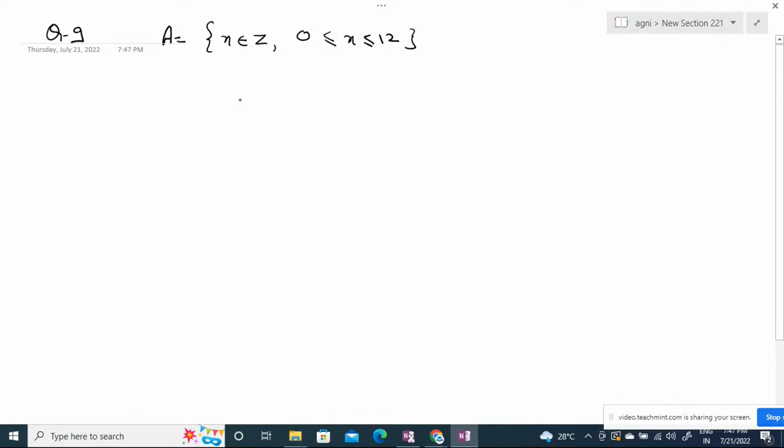Now we have to show, first part, that we have the relation R is equal to the ordered pairs (A, B) such that mod of A minus B is a multiple of 4.